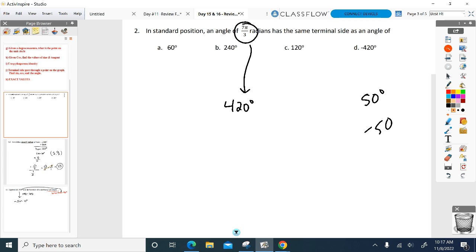Negative 50 is in what quadrant? 4. They're 2 totally different angles. So don't assume the positive and the negative versions are the same. All right, how can you figure out what's another angle that's the same as 420? Minus 360. Yep, just want to make sure we're solid there. So this ends up being 60. 420 and 60 are the same exact angles. You just go around an extra time.